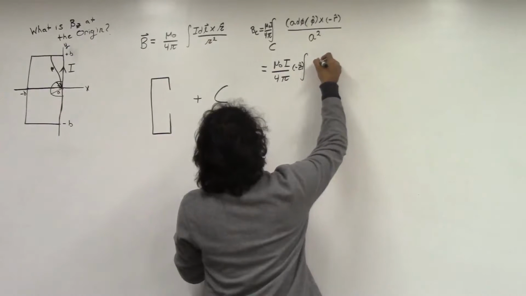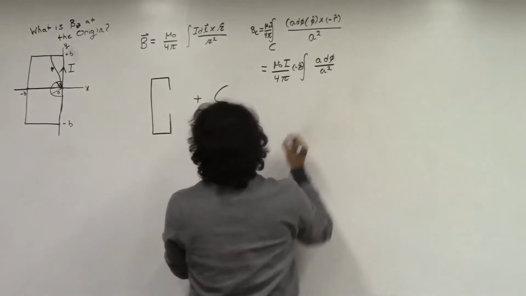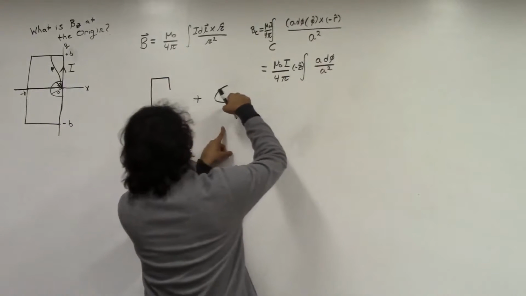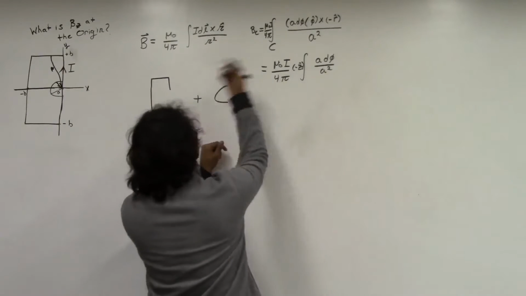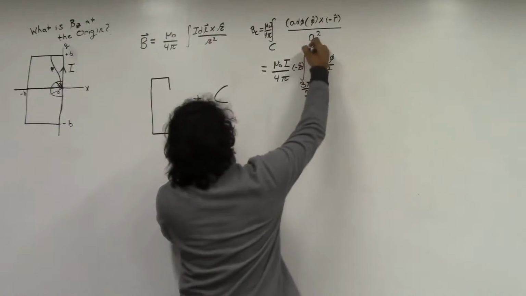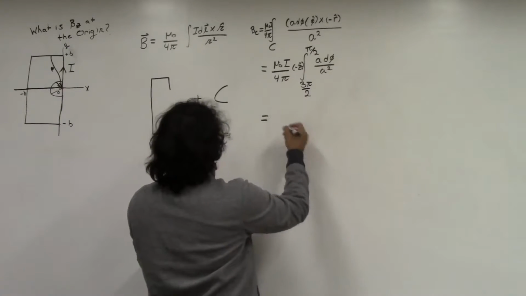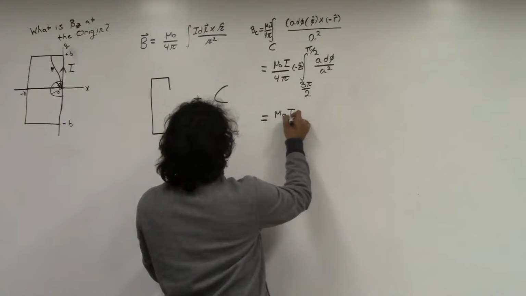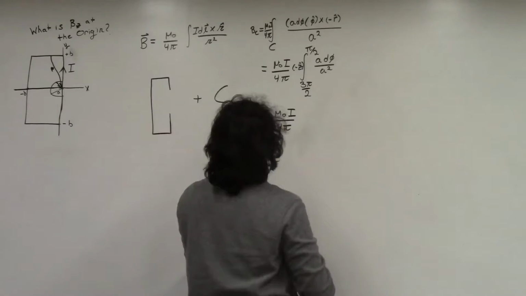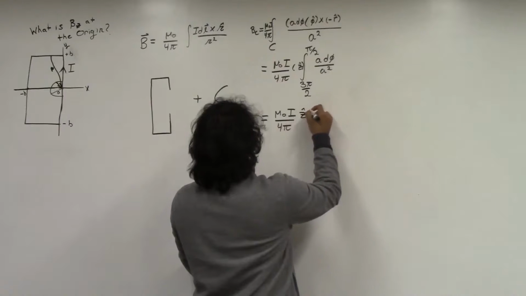And then we're left with a d phi divided by a squared, and our integration bounds start from this part of the circle going this way. So 3 pi over 2 to pi over 2. And if I evaluate this integral, this is going to give me, oh my God, this should not be a minus.